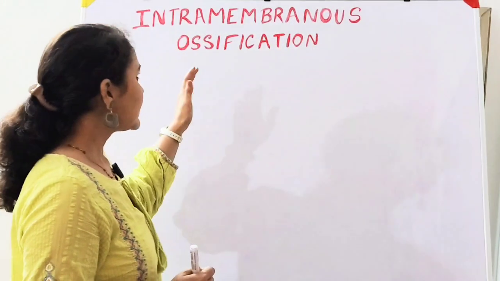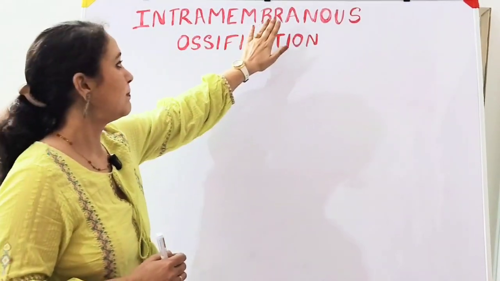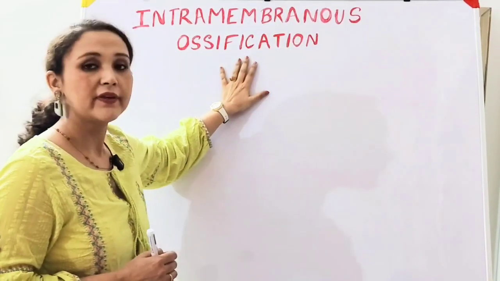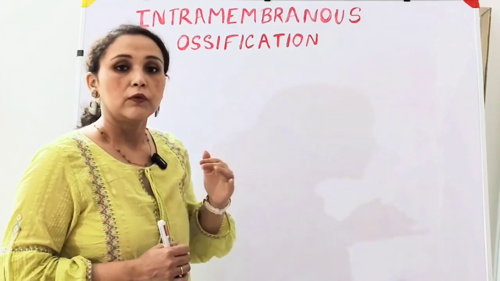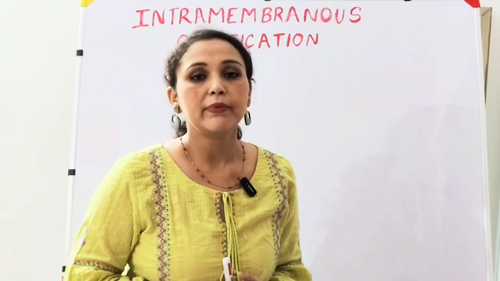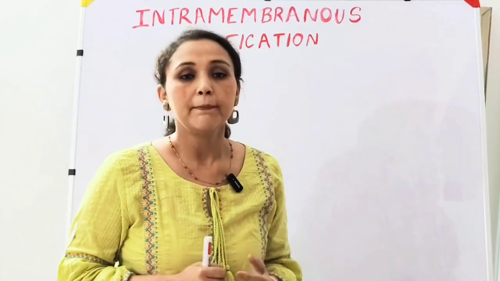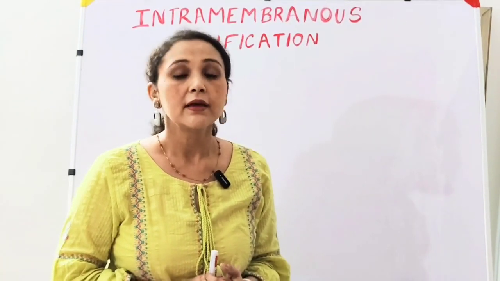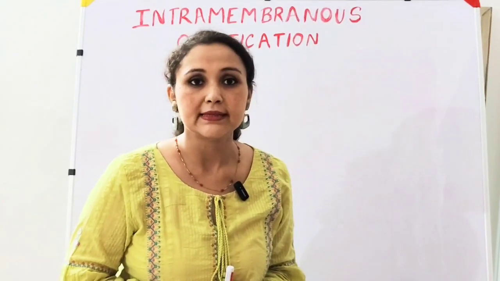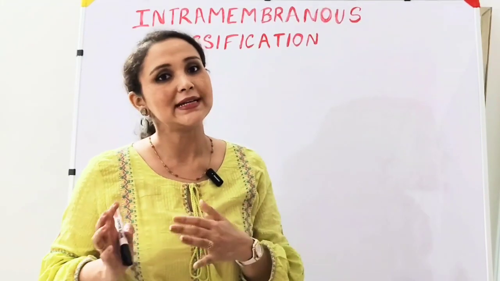Now, talking about the steps of intramembranous ossification, a membrane is laid down and in that membrane ossification occurs. First, the mesenchymal membrane is laid down, that means a membrane is formed by the mesenchymal cells. What do you mean by mesenchymal cells? Mesenchymal cells are the undifferentiated cells.